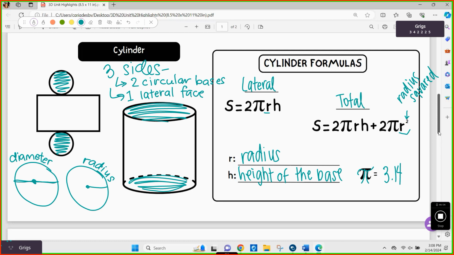What relationship do you see between the radius and the diameter? They both go across. What were you saying earlier, Antoine? Radius is half the circle. The radius is half the circle, or the radius is half of the diameter?